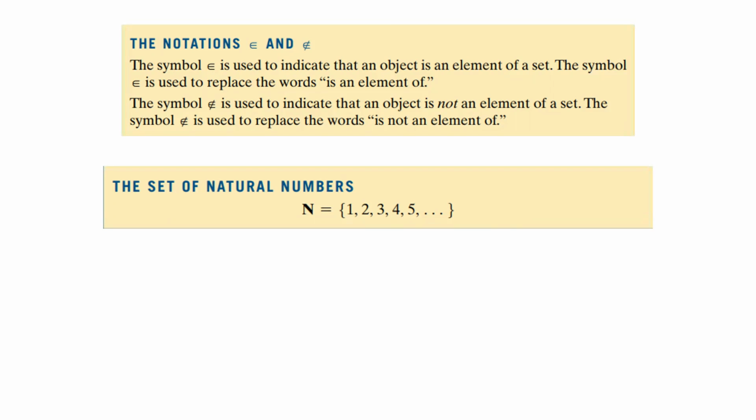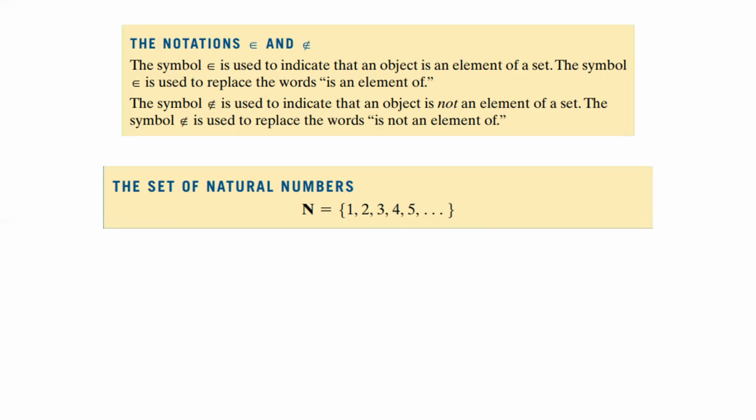If we're counting, we typically start at 1, and we could go on potentially forever and ever, but that's why they are called the counting numbers, that's how we would count things.